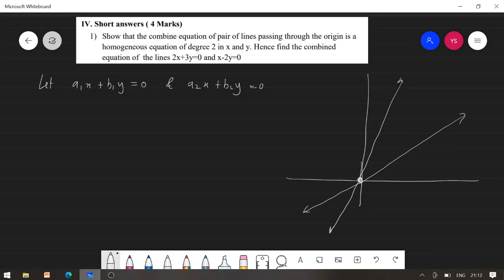Keep in mind here, one line has the equation a1x plus b1y equals to 0, the other line has the equation a2x plus b2y equals to 0. Let us consider the first line having slope m1, the other line having slope m2. So those are any two lines passing through the origin.